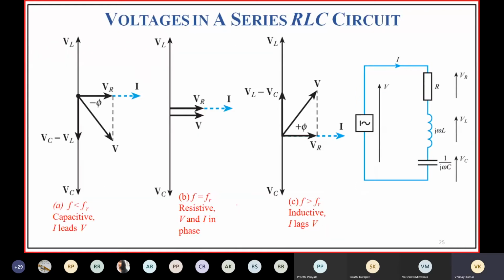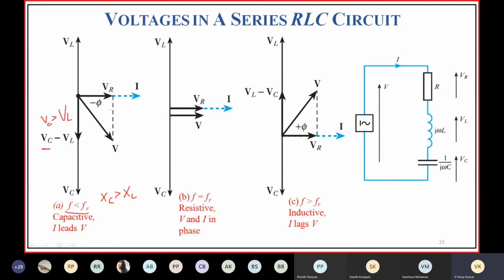So in the resonance circuit, coming to voltage phasor diagrams. See, VR is in phase with I. Here for f less than f_r, XC is greater than XL, so VC is greater than VL.